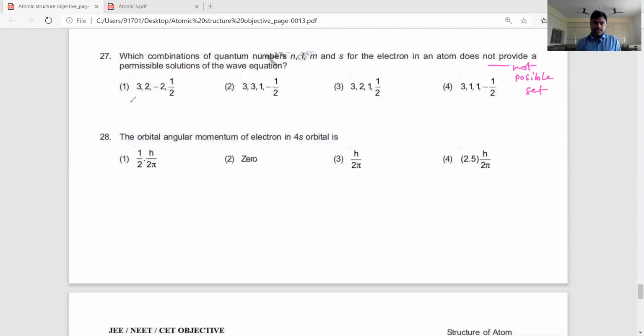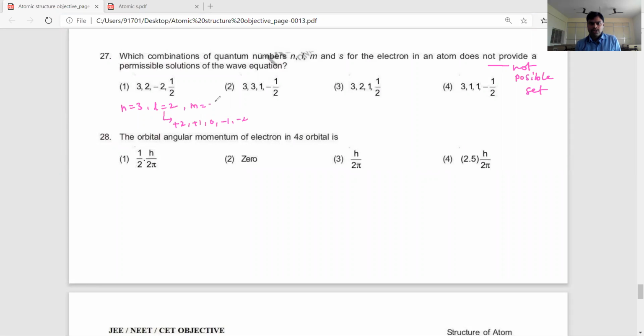See, n equal to 3 and l equal to 2: because the l value is less than n, it is possible. And for m, if l is equal to 2 the possible m values are plus 2, plus 1, 0, minus 1, minus 2.